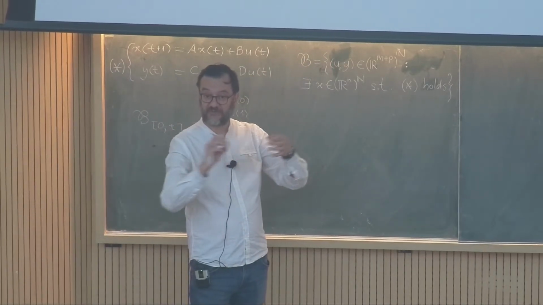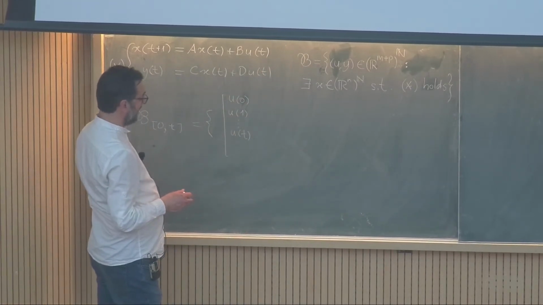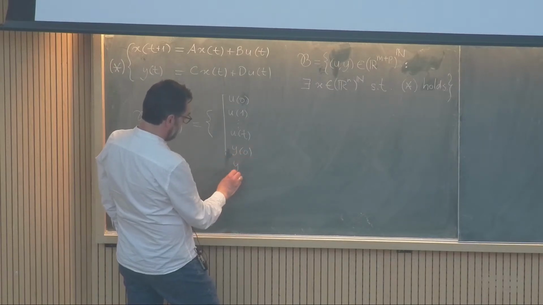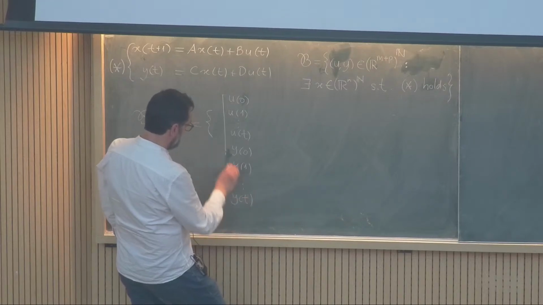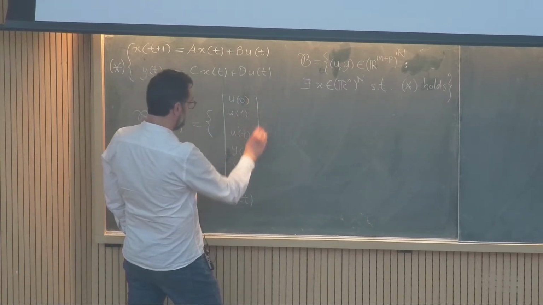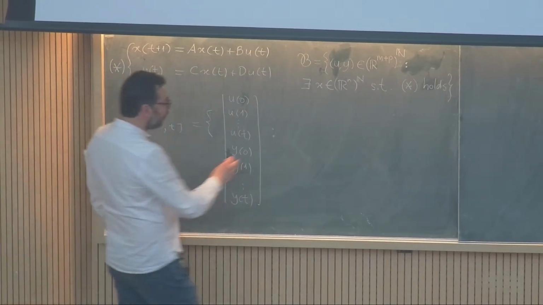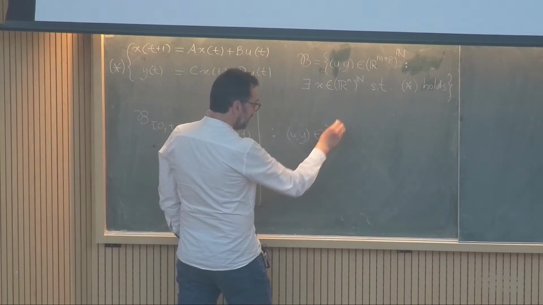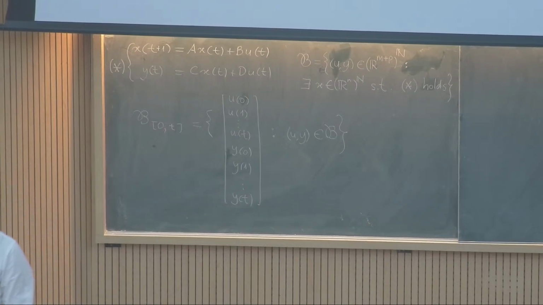Sequence, subspace of a sequence space we are looking at. Such that Uy is an input-output trajectory of the system.